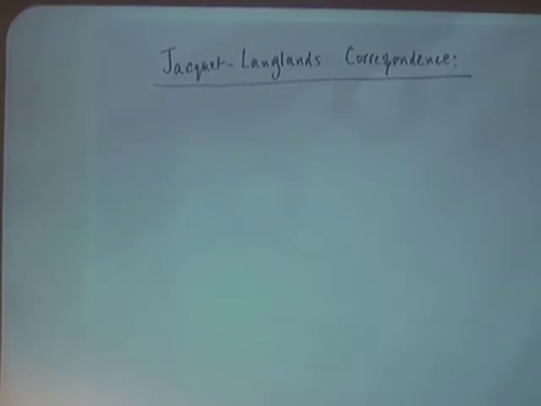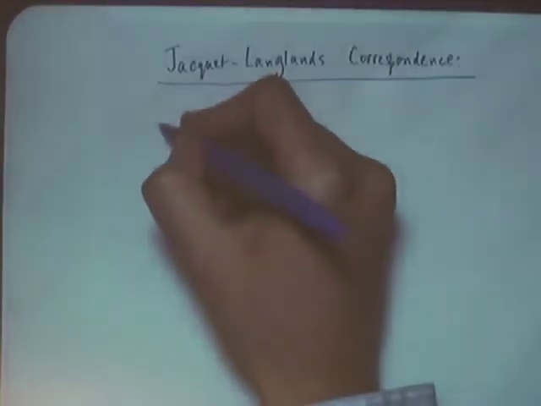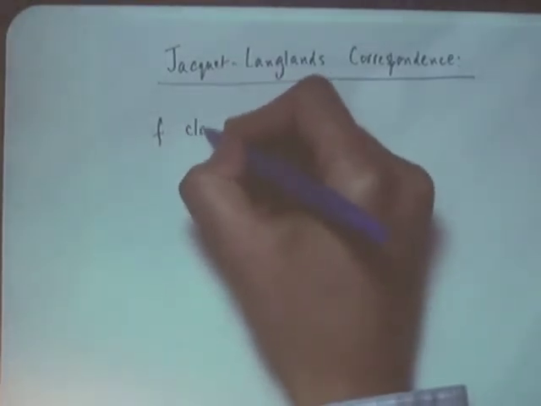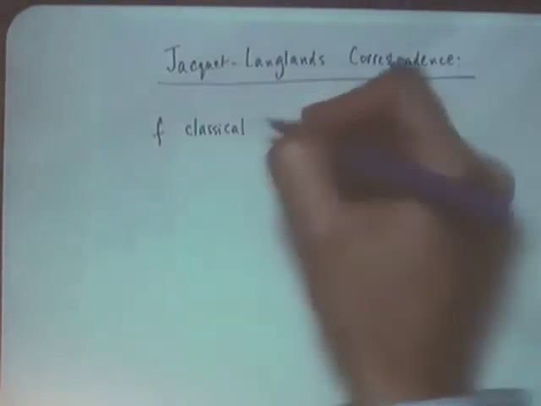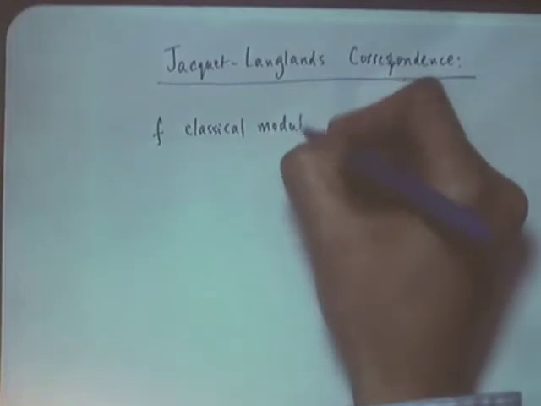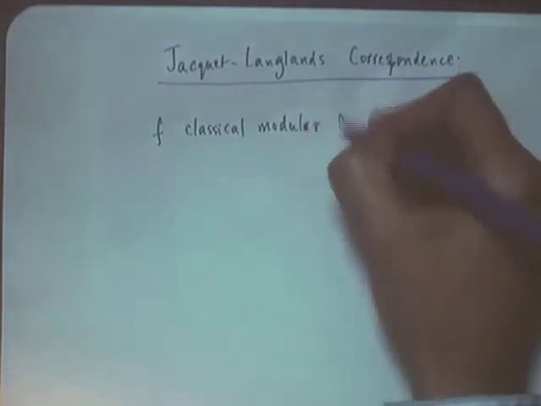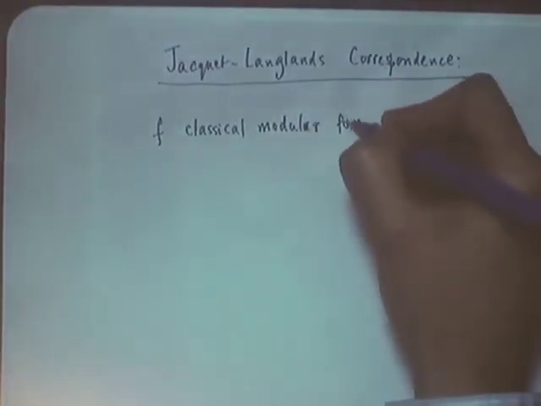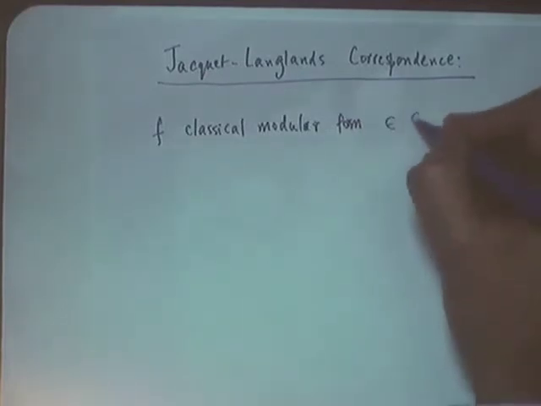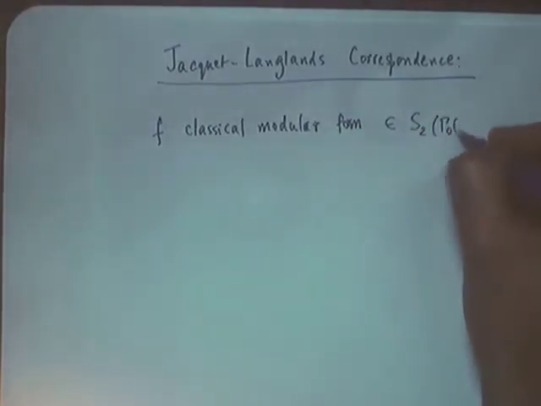All right. So let me just recall the setup. So let's say I start with f, a classical modular form. So for simplicity, let's just say this is in S2 of Gamma0(N). Okay.